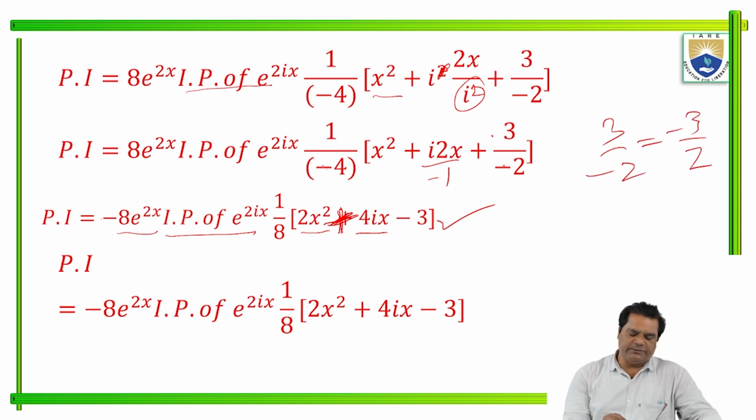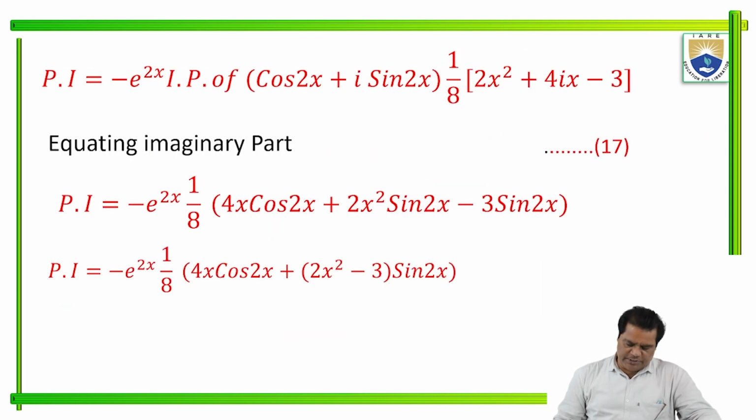So we write minus, taking this minus first. So here 1 upon 8 times 2x square plus 4ix. Taking LCM, 2 is the LCM: 2x square plus 4ix minus 3. Here 2 is LCM. 2 times 4 is 8. So this is the result here.